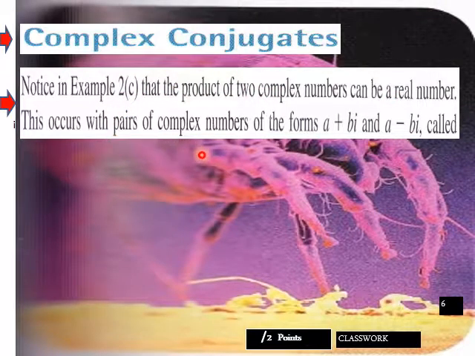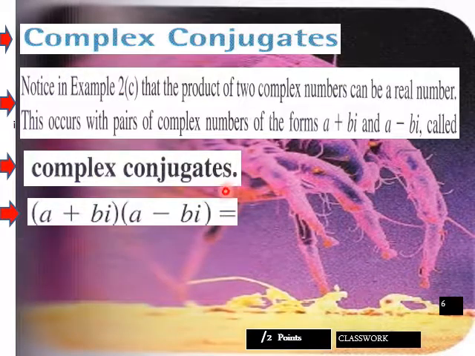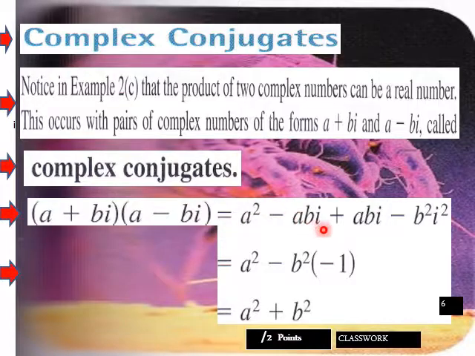This occurs with pairs of complex numbers of the forms a + bi and a - bi, called complex conjugates. (a + bi) times (a - bi) equals a squared minus abi plus abi minus b squared i squared, which is a squared minus b squared times negative 1, so it becomes a squared + b squared. The negative abi and abi cancel each other out, and you're left with this.